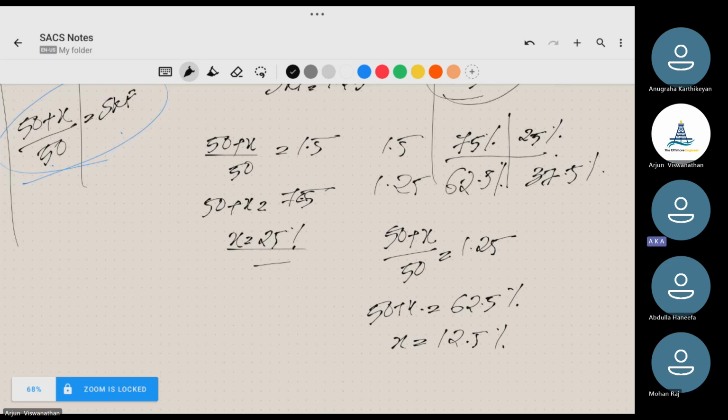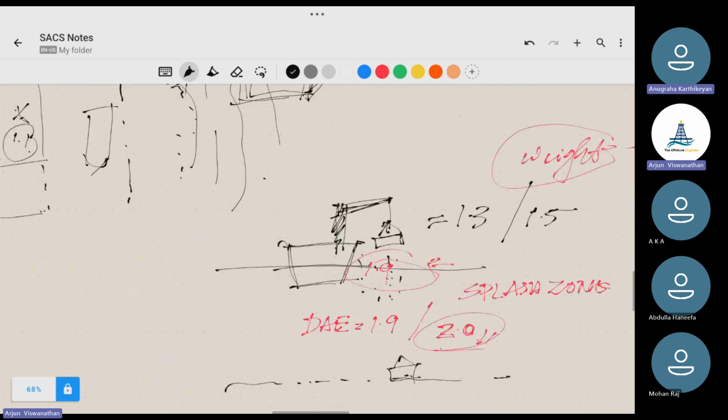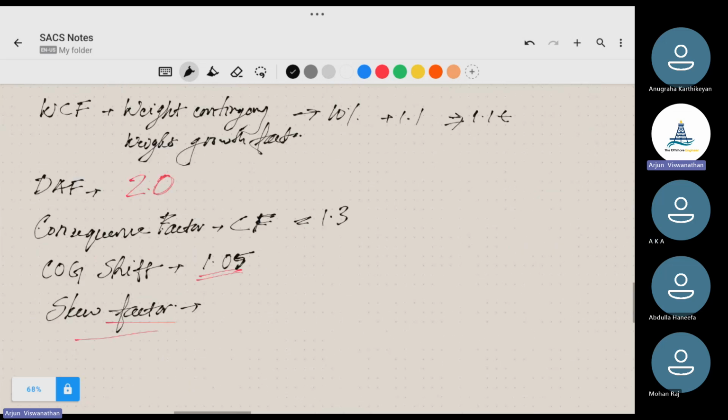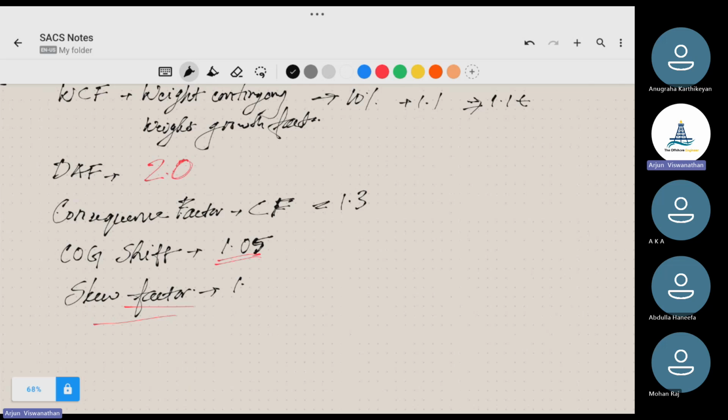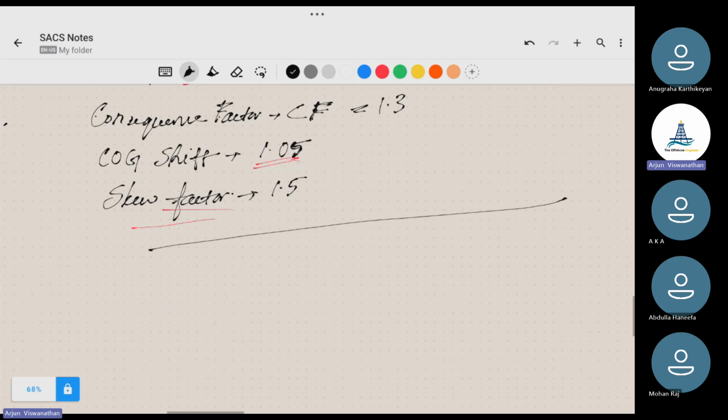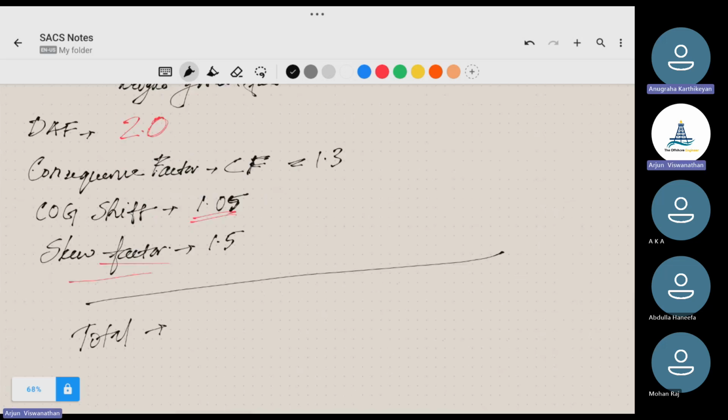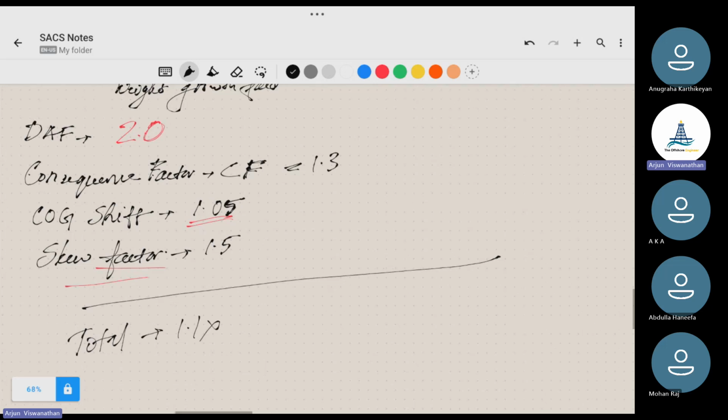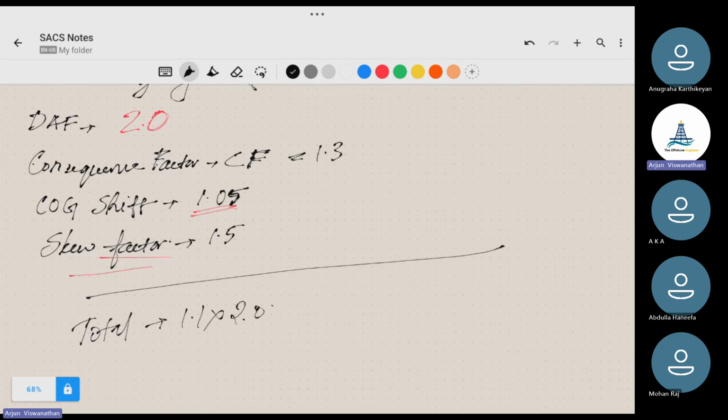Okay. So now if I come back, what I will have is the skew factor. Let's say I go for 1.5. Now if I want to calculate my total lifting factor, it will be 1.1, that's the weight growth factor, then DAF 2.0 into 1.3 into 1.05 for COG and 1.5 for skew.